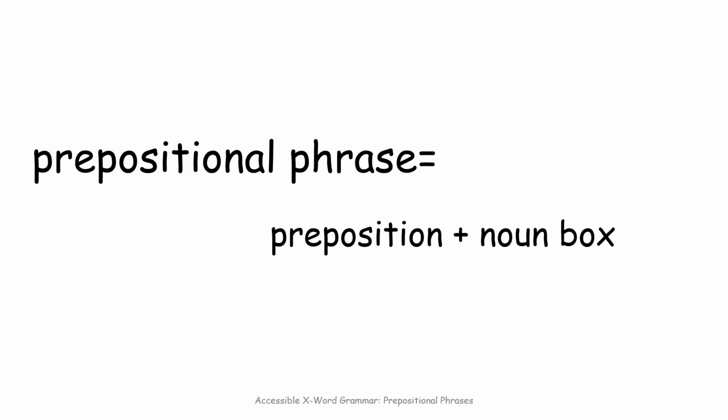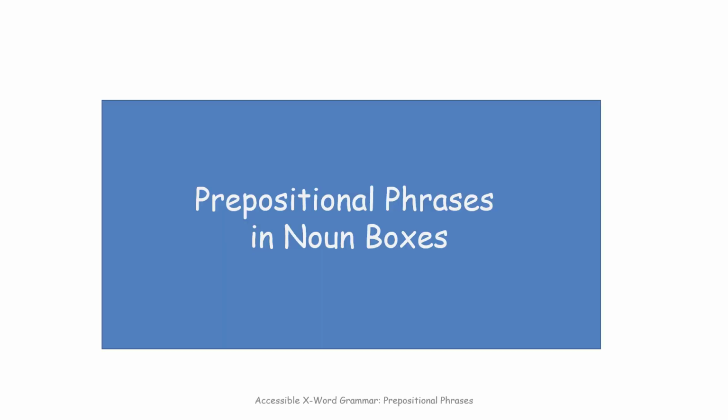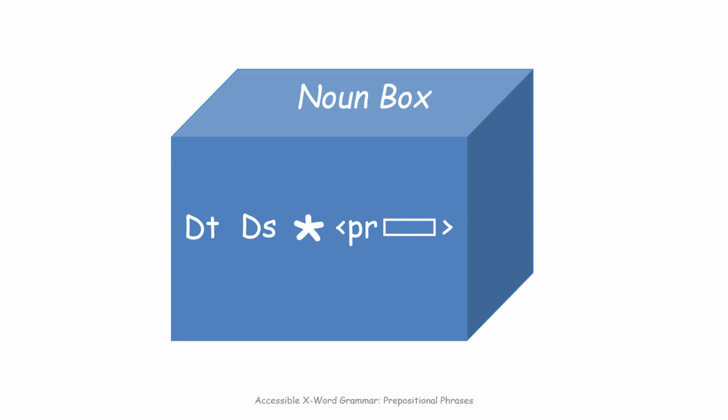Let's look at prepositional phrases in the subject box. We will review noun boxes first. Do you remember the word order? Determiner, describer or describers, main word, and prepositional phrase. You must have a main word.